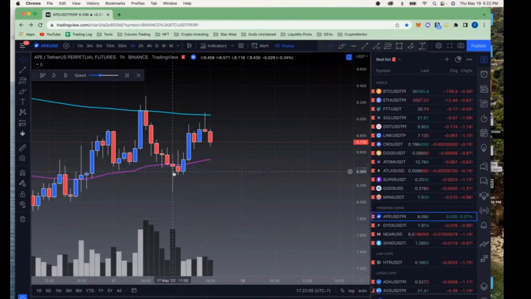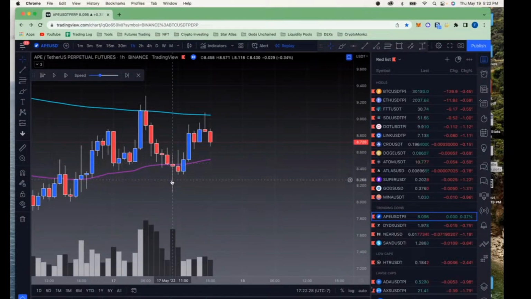Right now I'm still paying attention to it, but I'm not longing or buying spot right away if I was trying to trade this. If this was a blue candle, then I would probably long right here. If it closed up around this area, then I would probably long here.